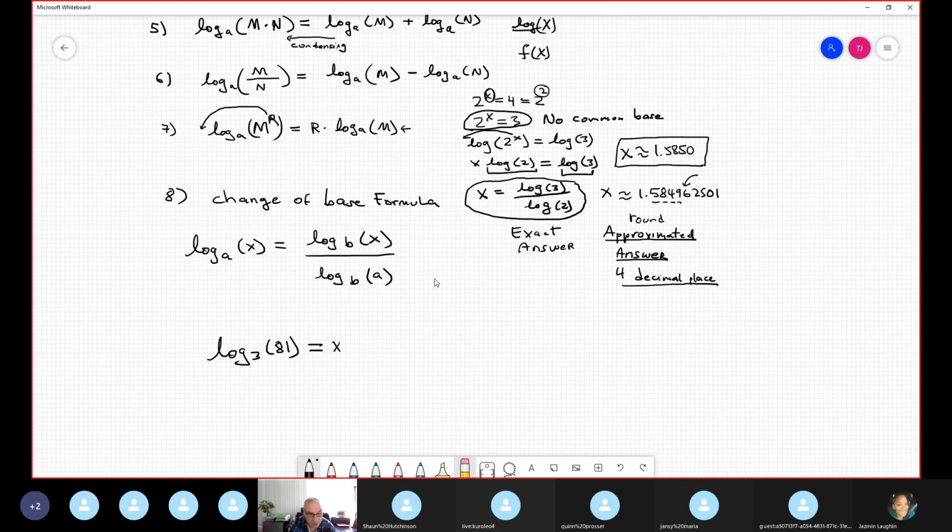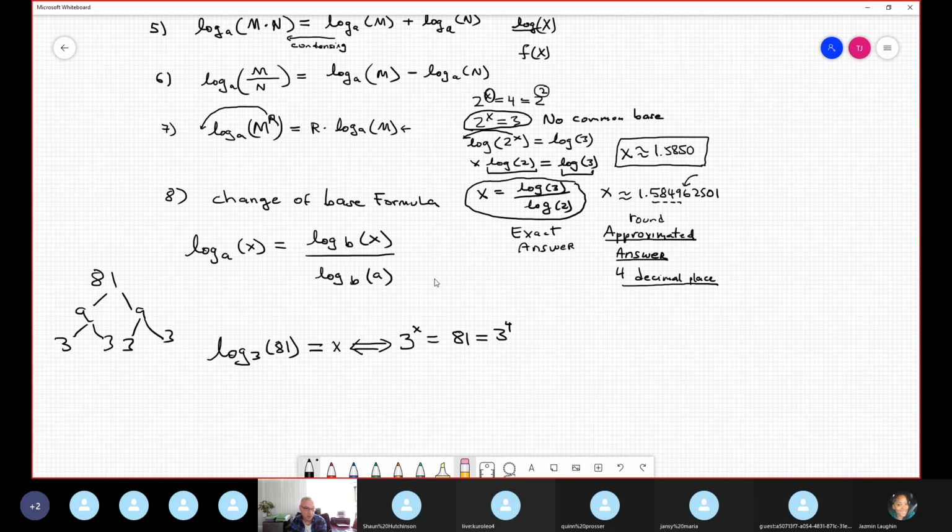I put x. I convert this statement to exponential. The base is 3. The exponent, I have no idea, so I put x, and 81. I discovered that 81 is 3 to the 4th power because 81 is 9 times 9, and 9 is 3 times 3.